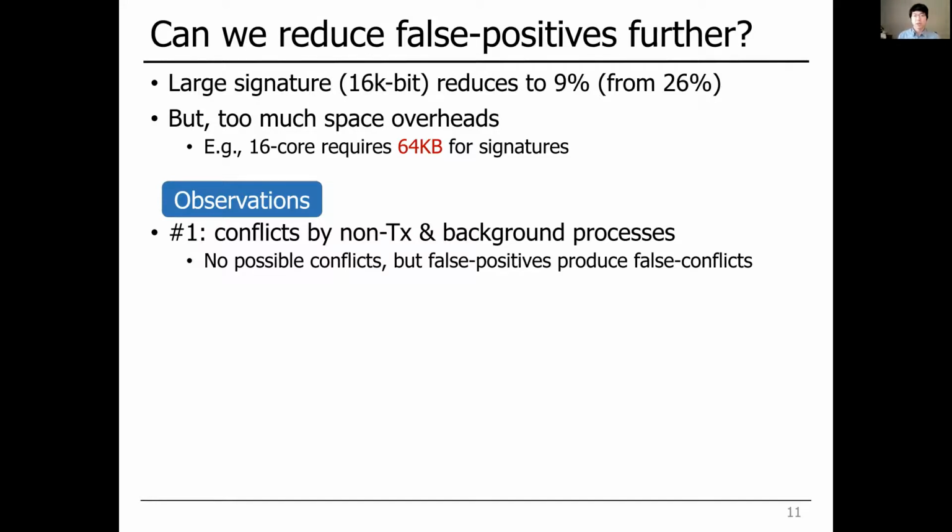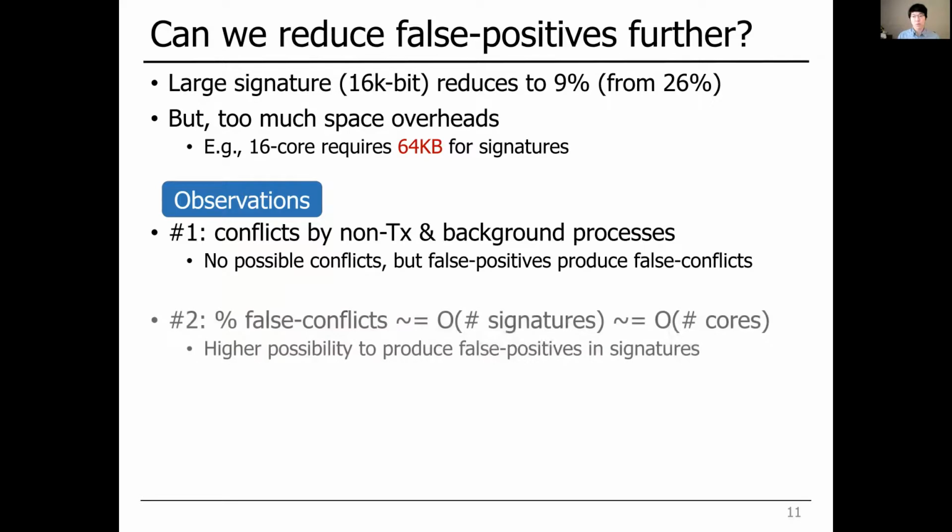That is, there is no real conflict, but the address signature generates a false positive. To the same extent, the number of cores or signatures determines how vulnerable the system is to false positives. In other words, we need to exclude the signatures of different processes from the conflict checking.